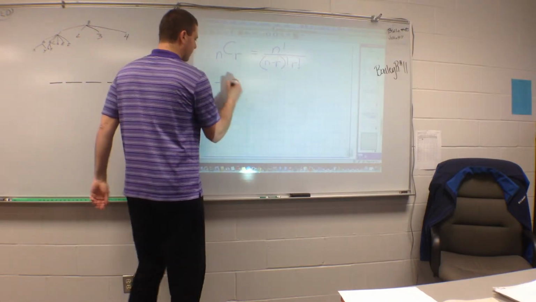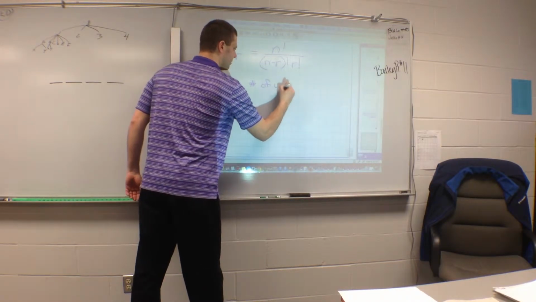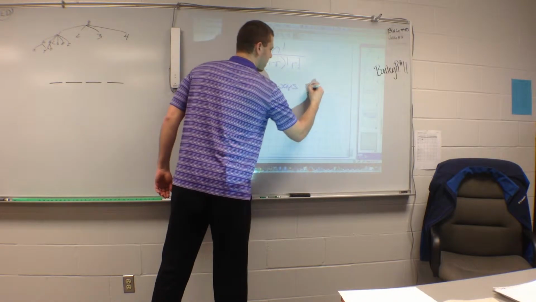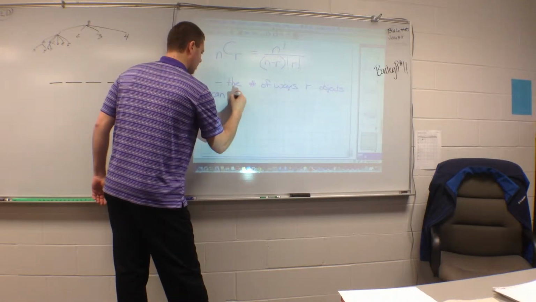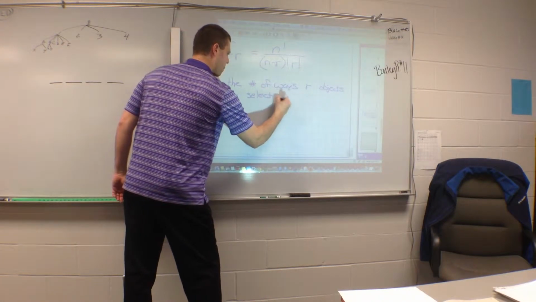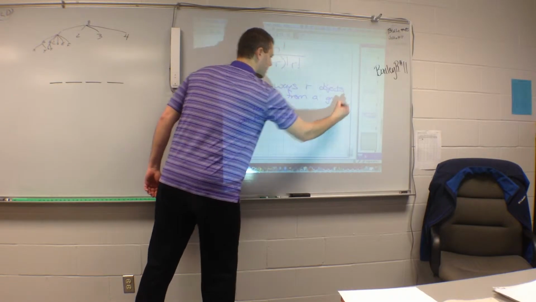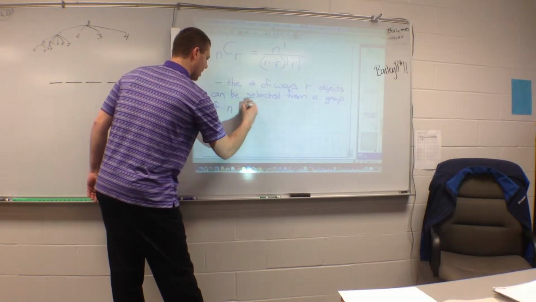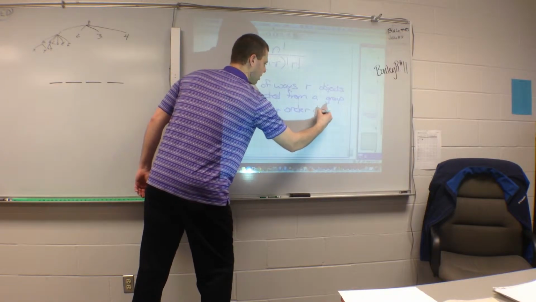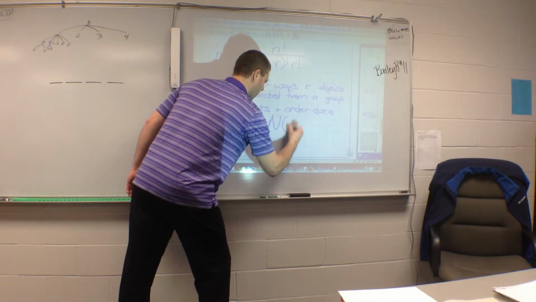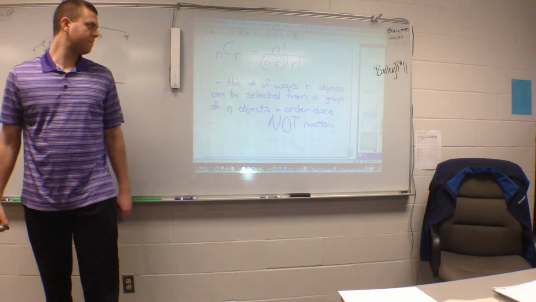And it represents the number of ways r objects can be selected from a group of n objects, and order does not matter.